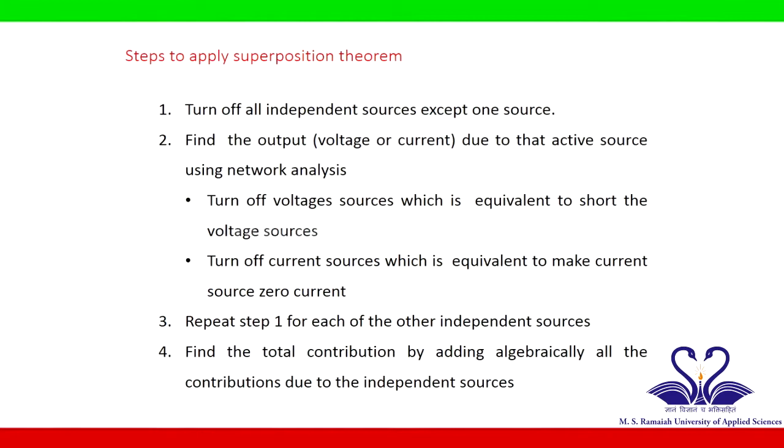Turn off current sources, which is equivalent to making the current source zero current. Third, repeat step 1 for each of the other independent sources. Fourth, find the total contribution by adding algebraically all the contributions due to the independent sources.